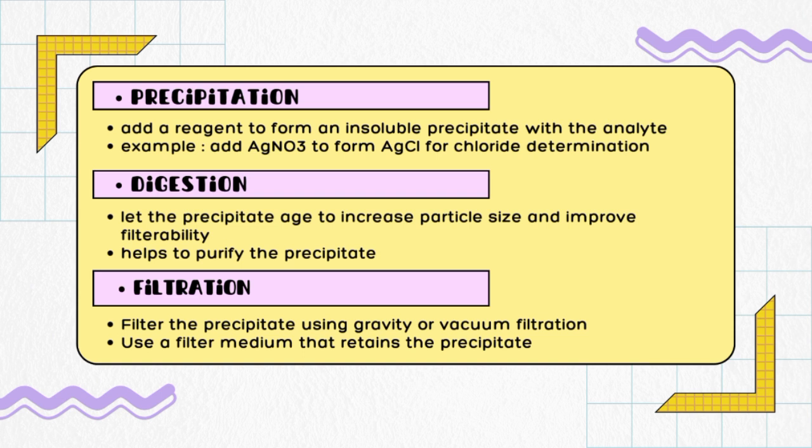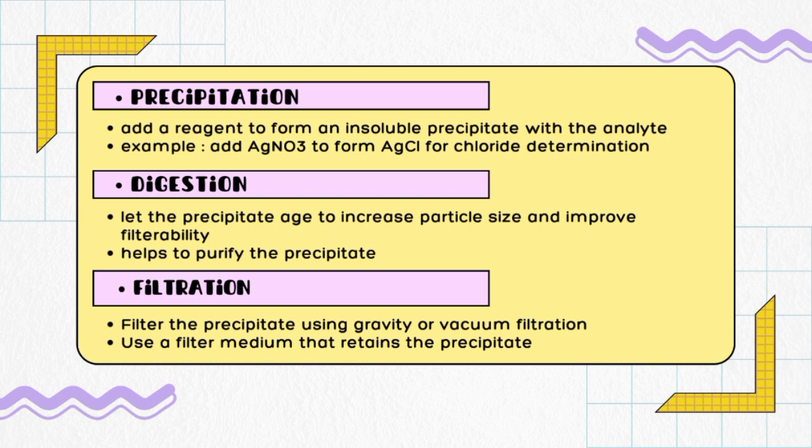After digestion, the precipitate is separated from the solution via filtration. Several filtration methods are available, including gravity filtration and vacuum filtration. The choice depends on the nature and volume of the precipitate. The filter medium, often filter paper or a sintered glass crucible, must retain the precipitate while allowing the liquid to pass through.